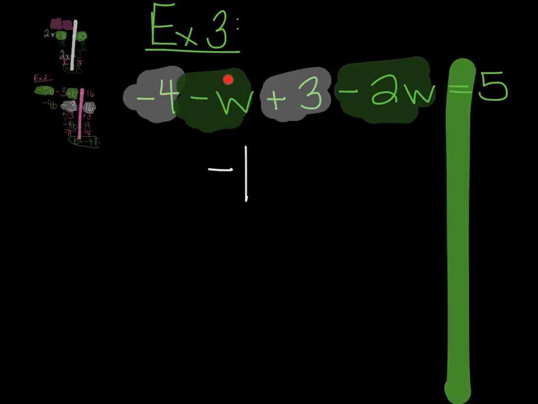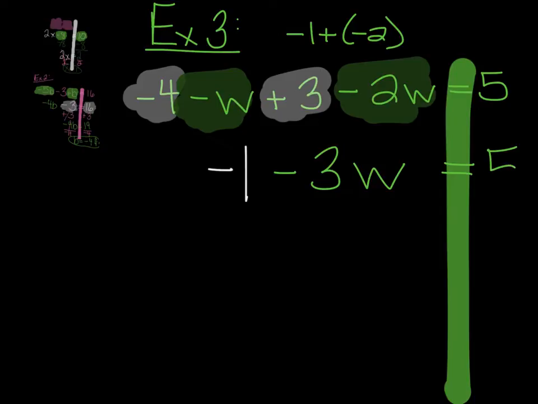Remember, I'm always adding when I combine. -1 plus a -2 is always going to be -3W. Okay? Drop the 5 down. And just by combining my like terms, my problem immediately turns into a 2-step equation. I cleaned it up very well.